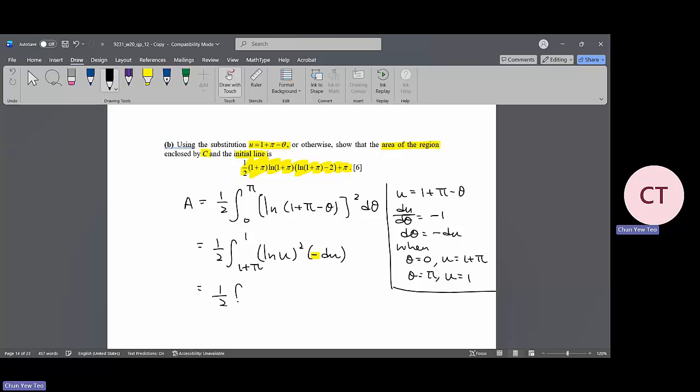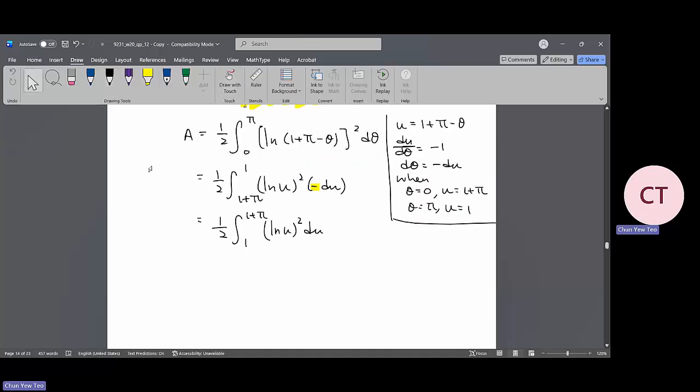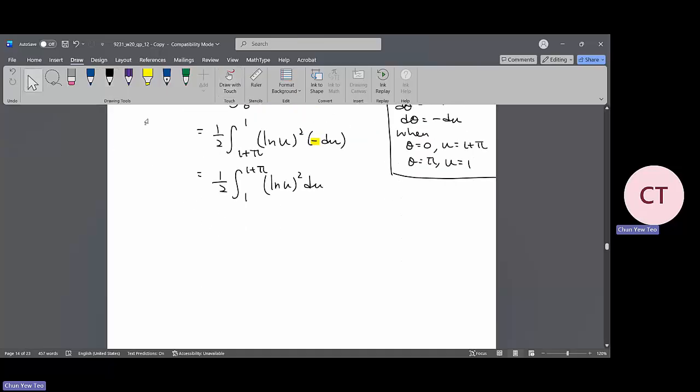If we make the du become positive, then these two limits need to be swapped. So you will get this as the integral of ln u squared. Now our question remains as simple as just needing to integrate ln u squared. So how are we going to integrate ln u squared? We have to use integration by parts.